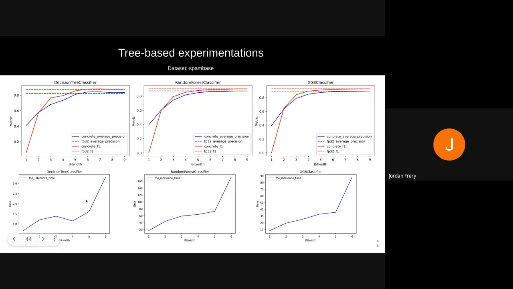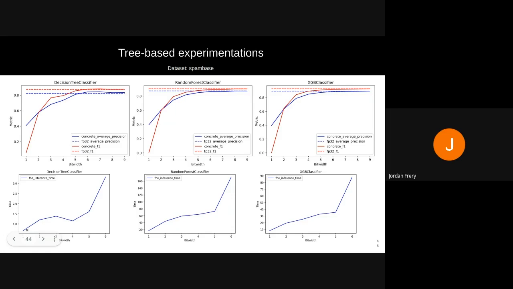Those are seconds. We basically here use the default parameters we have in Concrete ML. I think there is no depth limit for decision trees. There is a depth limit for XGBoost, and I think we set a depth of 6 for random forest. So the decision tree, of course, is a single tree, so it's pretty fast.